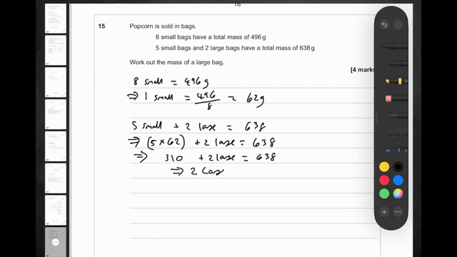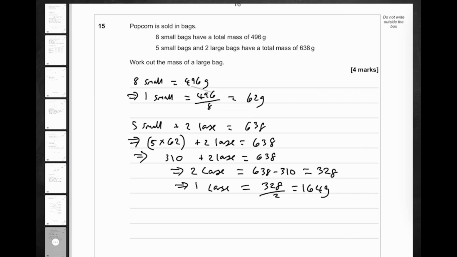Therefore, 2 large equals 638 minus 310, which I'll do on my calculator again. 638 minus 310, 328. Therefore, 1 large equals 328 divided by 2, which is 164 grams.